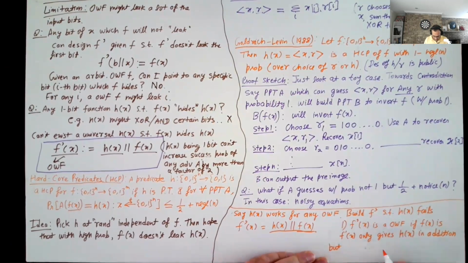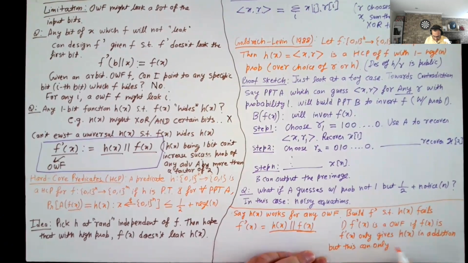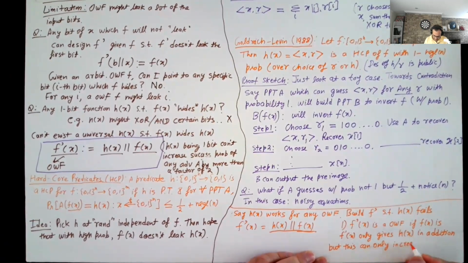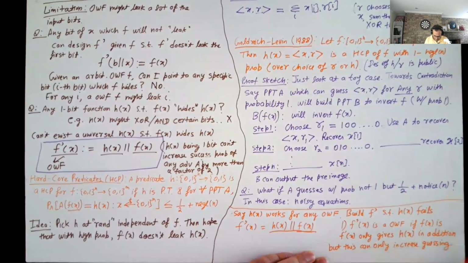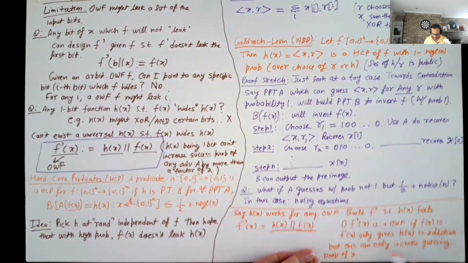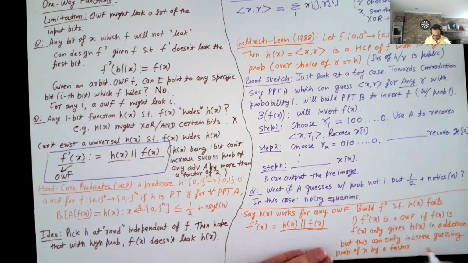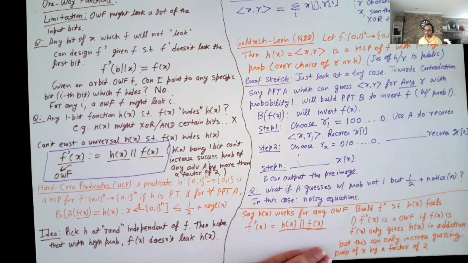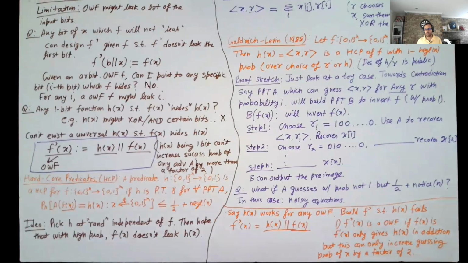But this can only increase the guessing probability of x by a factor of 2. But this means that if it was negligible earlier, 2 times negligible is still negligible. So it would continue to be negligible.